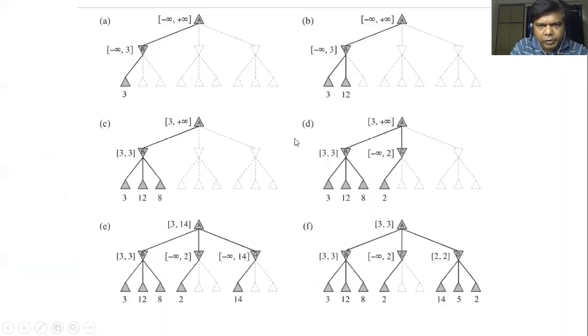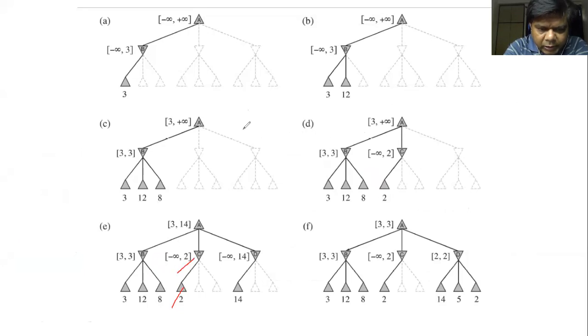So we were at this point, and max min alpha beta pruning कर रहे हैं। तो हमने पहले देखा कि क्योंकि यहाँ पे दो मिल गया है, which means कि this value is going to be less than or equal to 2.